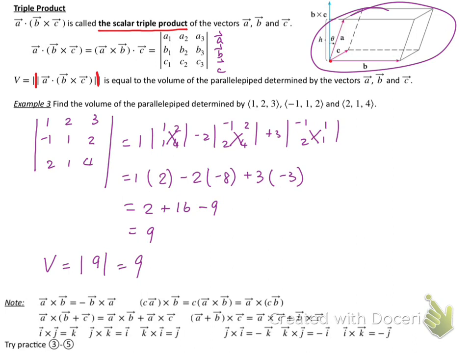Then you do have the scalar associative rule, which means you multiply a number C on any of the vectors, and the result of the vector is the same. And we also have the distributive law. So when you do the product with the sum, it's the same as the sum of the products. Those are true.